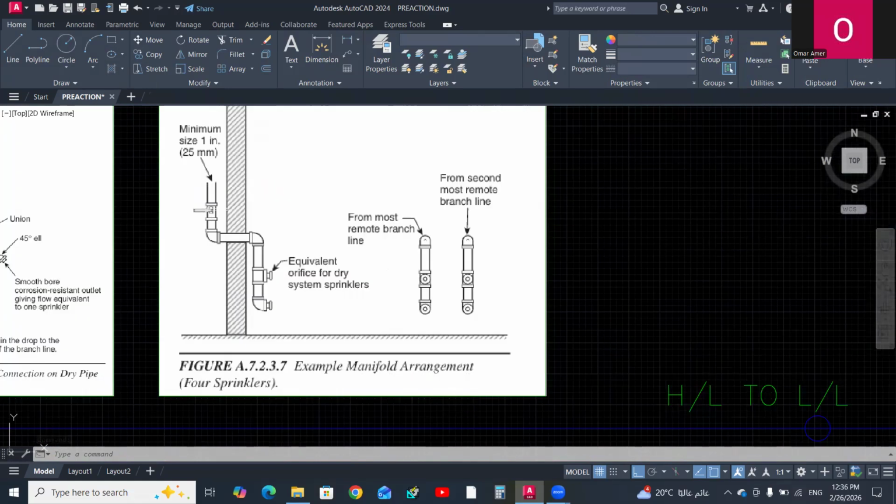This will be the test and drain connection, 1 inch or 25 millimeter, equipped with an isolation valve, ending with 2 orifices. These orifices are equivalent to 2 opened sprinklers.